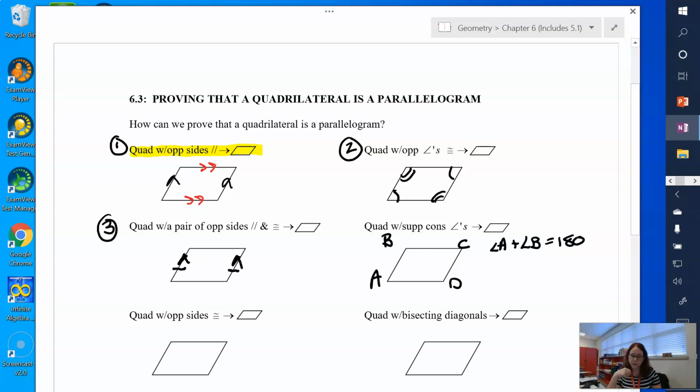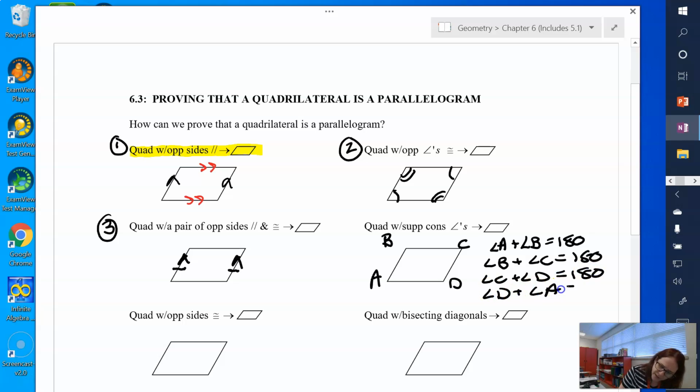That means you have a parallelogram. Or angle B plus angle C equals 180. Or angle C plus angle D equals 180. Or angle D plus angle A equals 180. So if you have these supplementary consecutive angles, you've got a parallelogram.